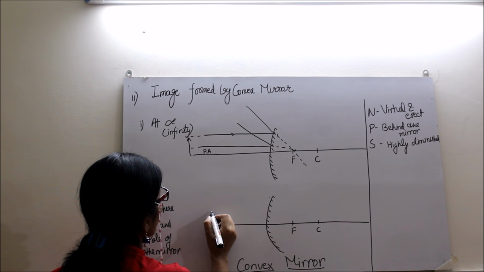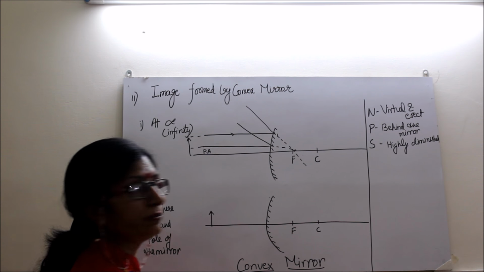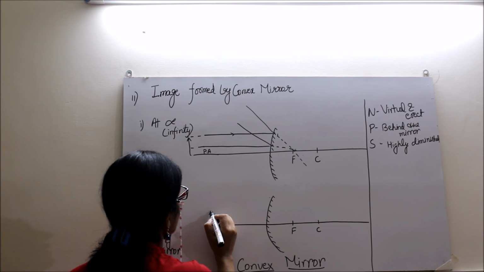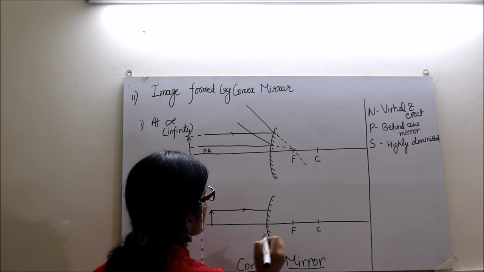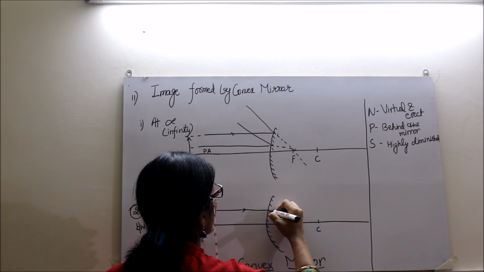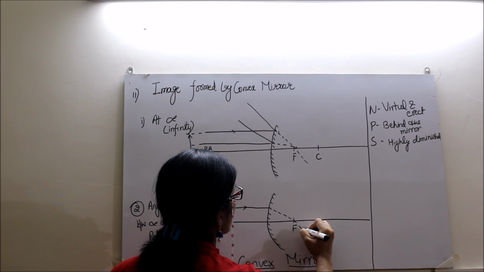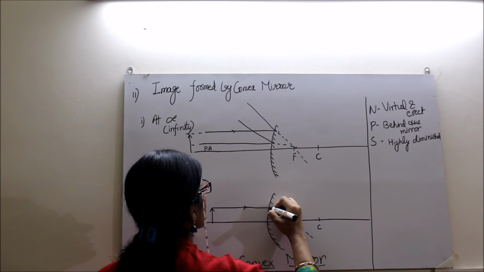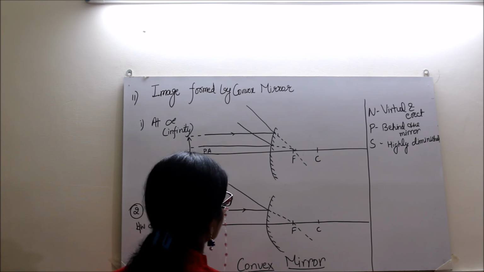You can place it anywhere in front of the mirror. Now apply the rules again. Any ray parallel to the principal axis after reflection will pass through focus. And extend this after keeping a scale.